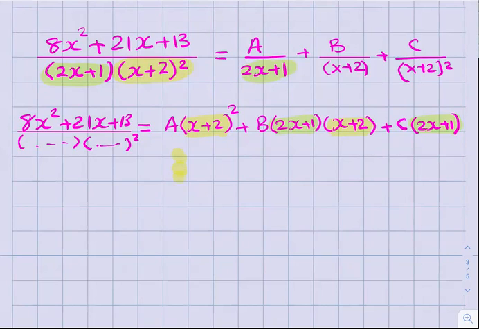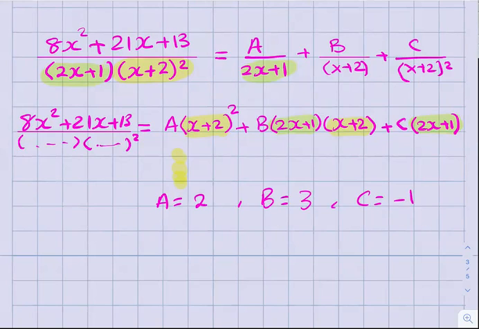So we'll find A and B. A is going to be 2, B is going to be 3 and C is going to be minus 1.